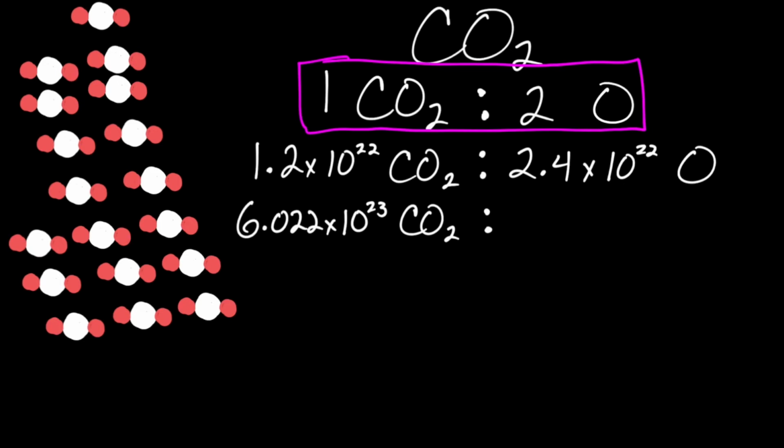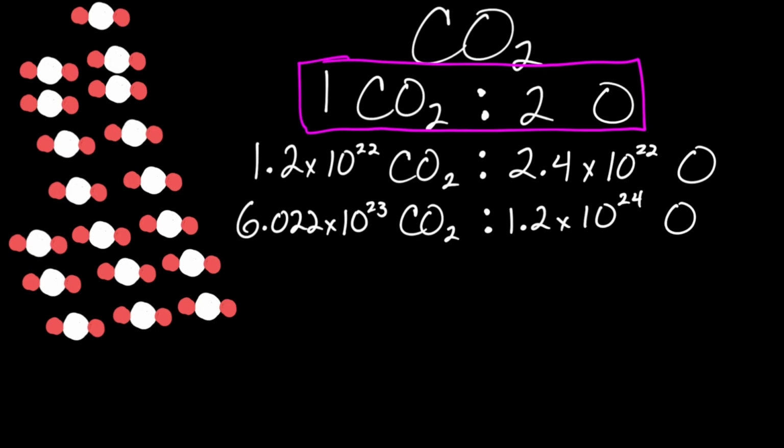So 6.022 times 10 to the 23rd times 2. Again, we could go to the calculator for help with that, but that comes out to be 1.2 times 10 to the 24th. I rounded a little bit there, but the idea is that we have doubled that number.